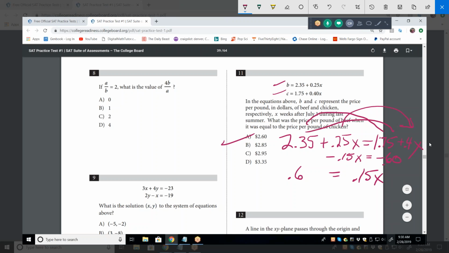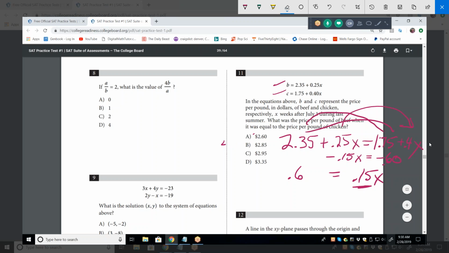As long as I've been tutoring, I have never met a student that didn't do better with positive numbers than negative numbers. So if you have a choice, now sometimes it won't matter. Sometimes I can make this a positive coefficient, but I'll end up with a negative number on the other side. That's fine.